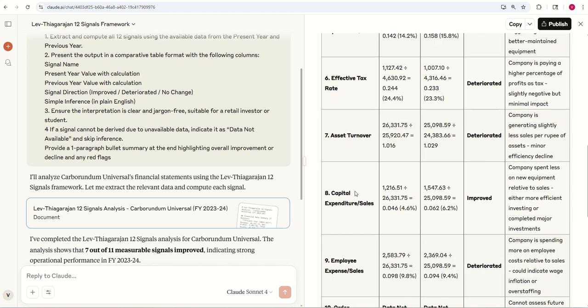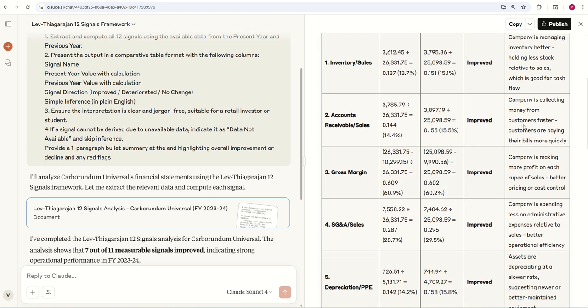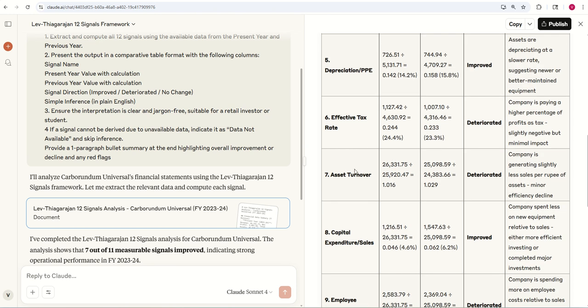Now for each of these, it has given the present year value, how it has been calculated, the signal direction, whether it has improved or deteriorated, and the simple inferences. For example, inventory to sales: the company is managing inventory better, holding less stock relative to sales, which is good for cash flow. So you are getting inferences for each of these 12 signals. Something has deteriorated, that is asset turnover.